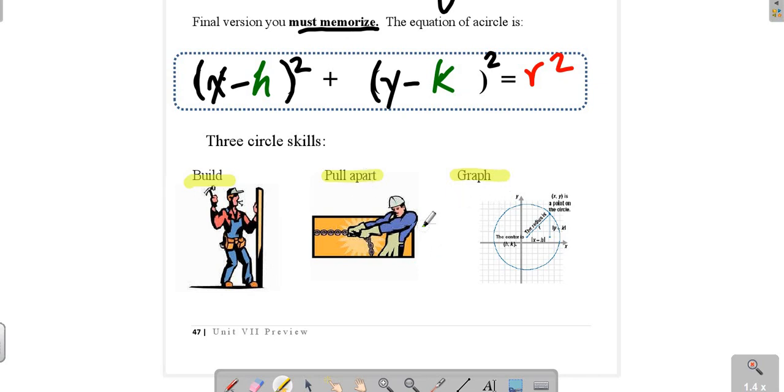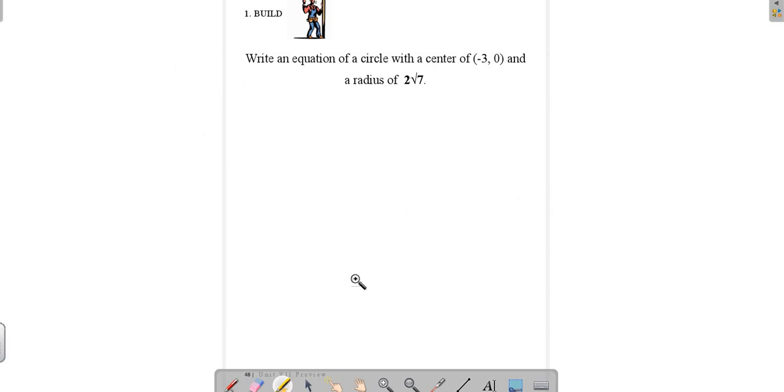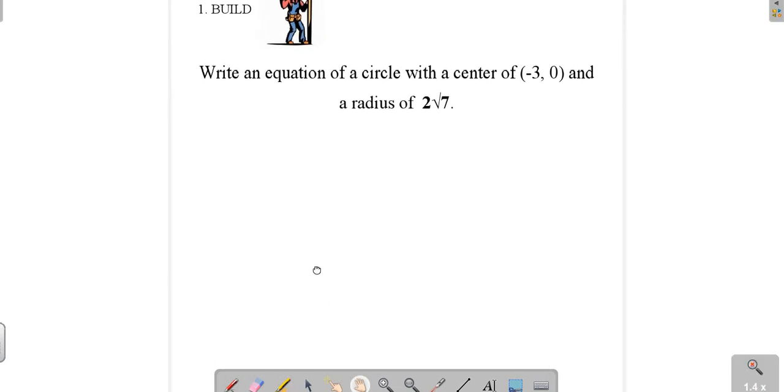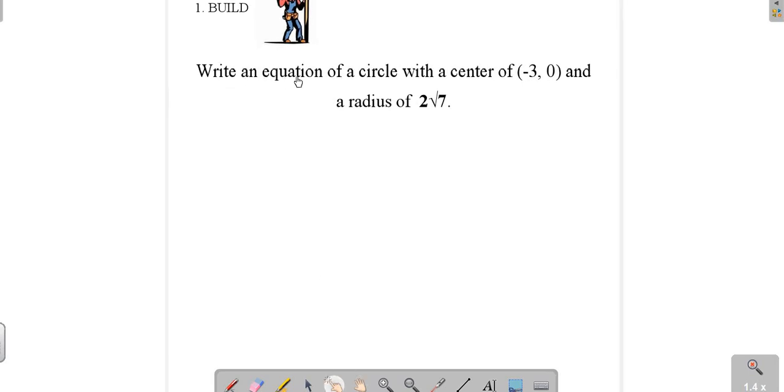Trust me, this is one of the easiest lessons of the year. This will barely take 10 minutes. Ready? First, we're going to build an equation. It says, write an equation of a circle with a center of -3, 0 and a radius of 2 root 7. So let's draw ourselves a picture of the given information so it's easy to see.